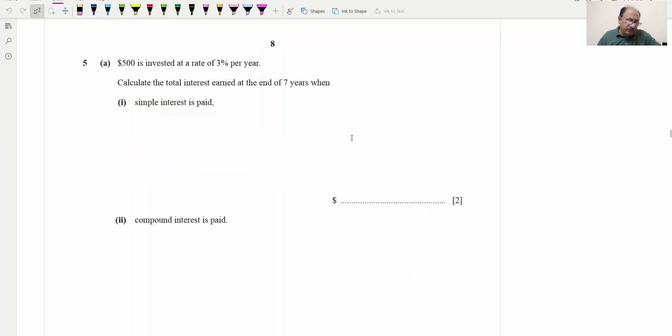Question number 5. A part says $500 is invested at a rate of 3% per year. Calculate the total interest earned at the end of 7 years when number 1, simple interest is paid. So we know the simple interest formula is interest equals PRT over 100.